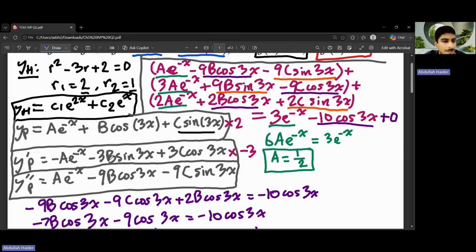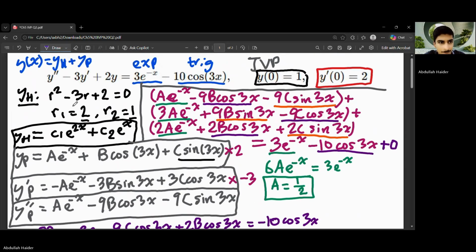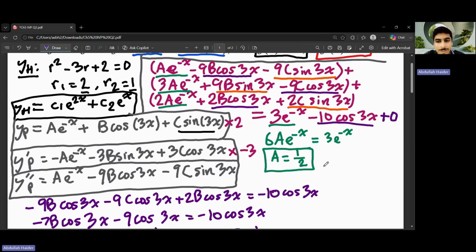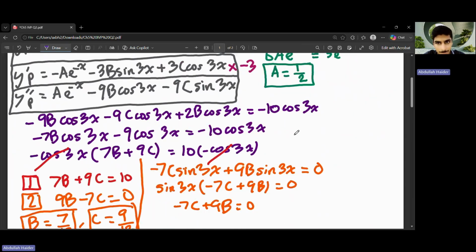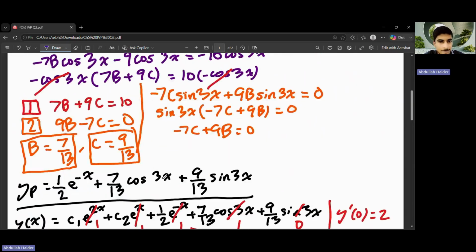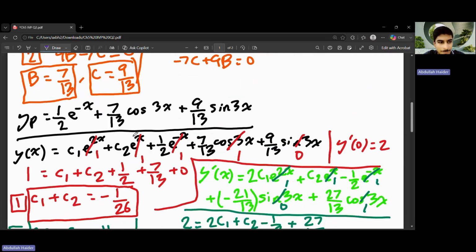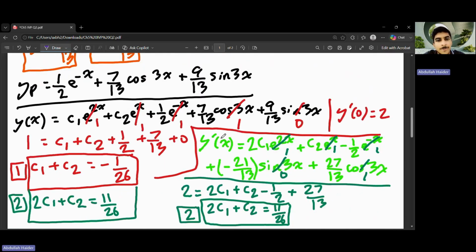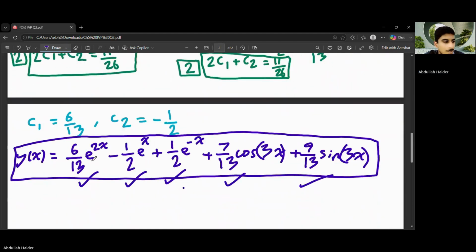Take the first derivative and the second derivative, and substitute into the main equation, and then equate the same terms. You'll get your a, b, and c, and then once you get your yp, add it to the main equation of y of x, then use the initial conditions to find your C1 and C2.